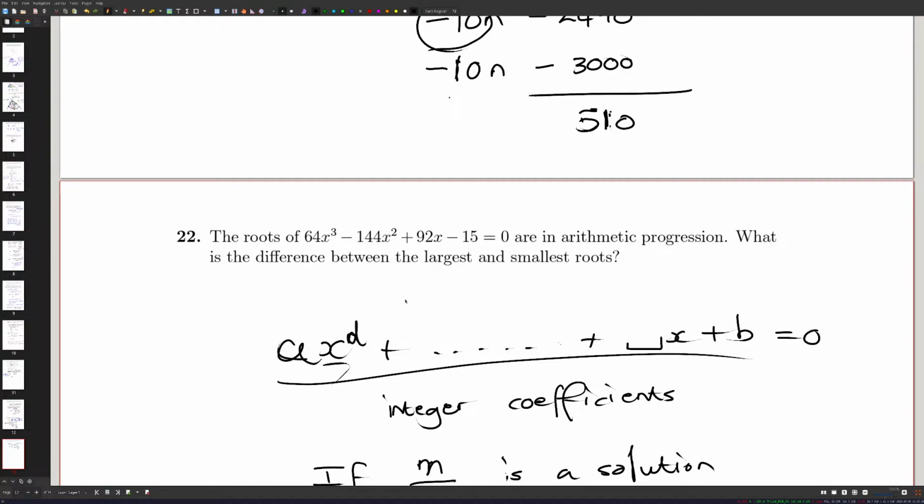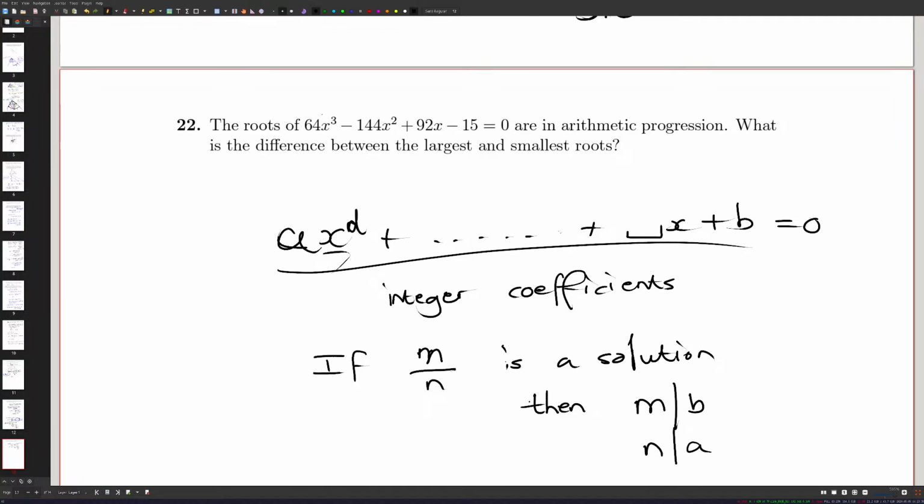Let's see, is there anything else here that stands out? I mean, probably the 64 being 4 cubed makes me think that it's going to be 4x plus something, 4x plus something. It's not guaranteed to be this, but it's not unreasonable that it would look like this.